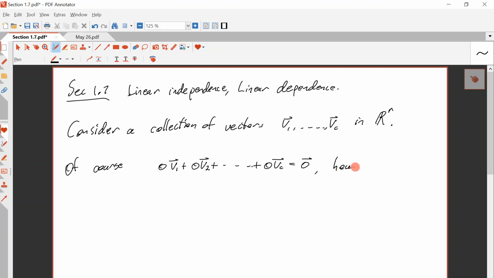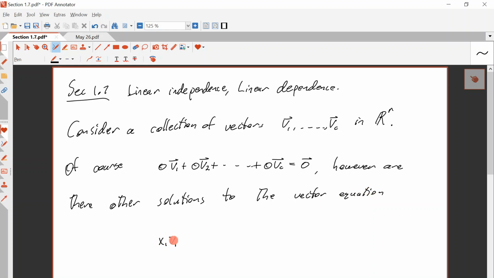However, are there other solutions to the vector equation x1 v1 plus x2 v2 plus up to xc vc equal to 0?